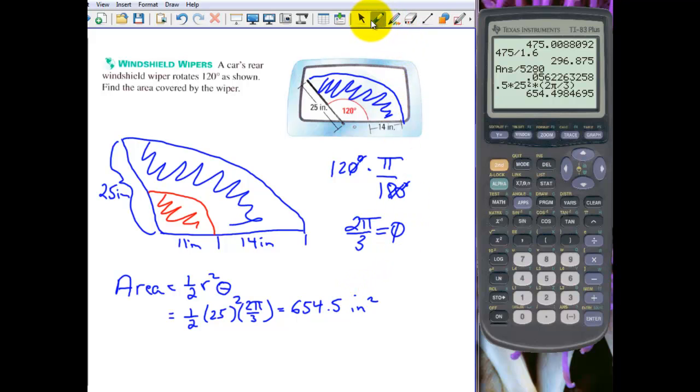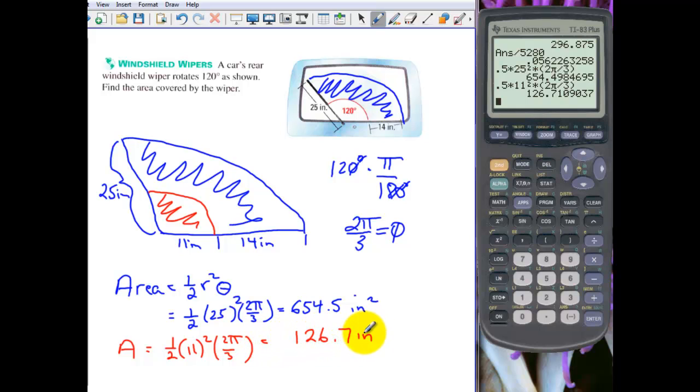Now to find the red area, we need 1/2 times 11 squared times the same angle of rotation. So let's redo that calculation. We can bring that up using second entry and change our 25 to 11, and we get 126.7 inches squared.